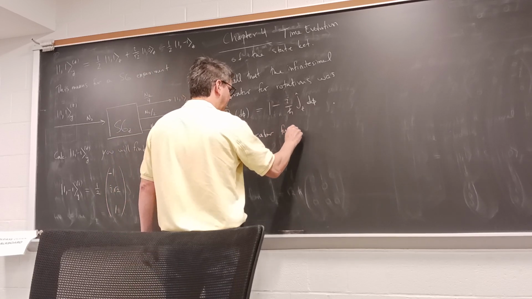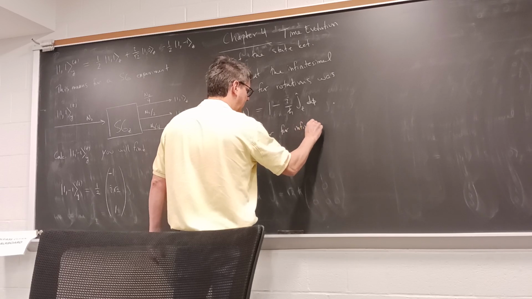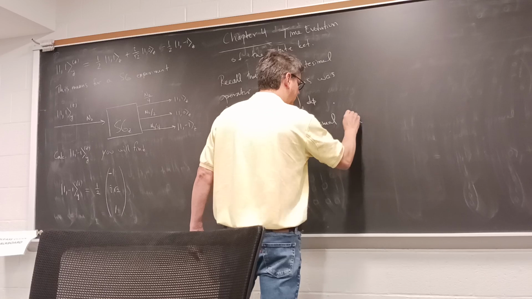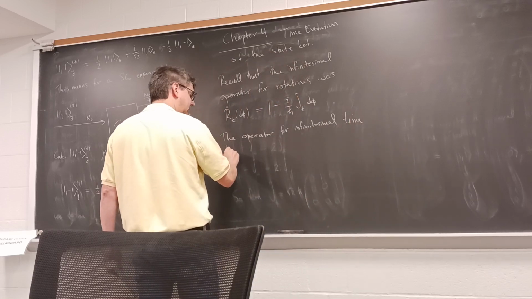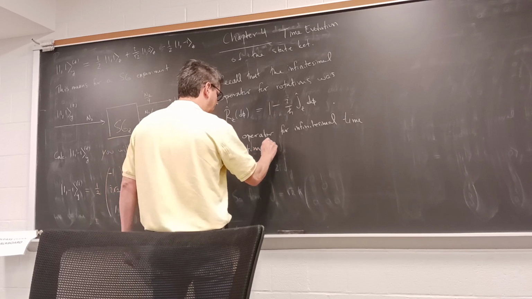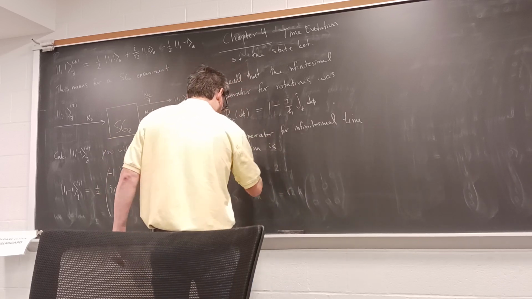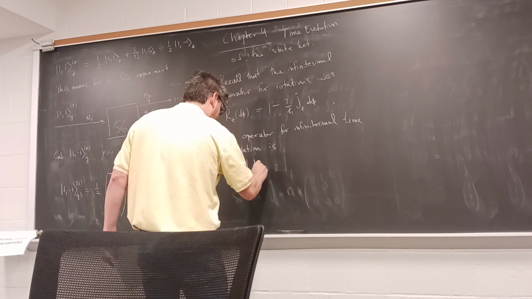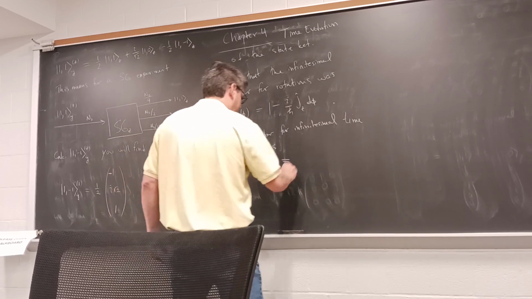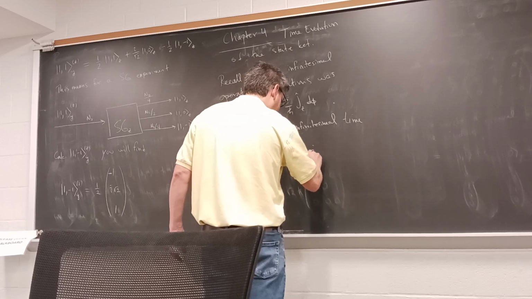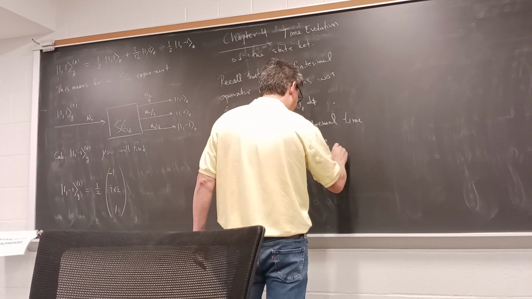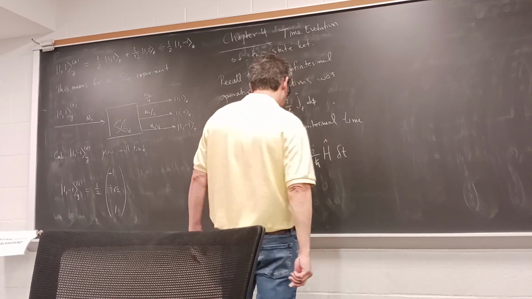The operator for infinitesimal time translation is, we'll call it U of dt, and that will be 1 minus i over h bar times, now we're going to call this thing H, and then times this dt.